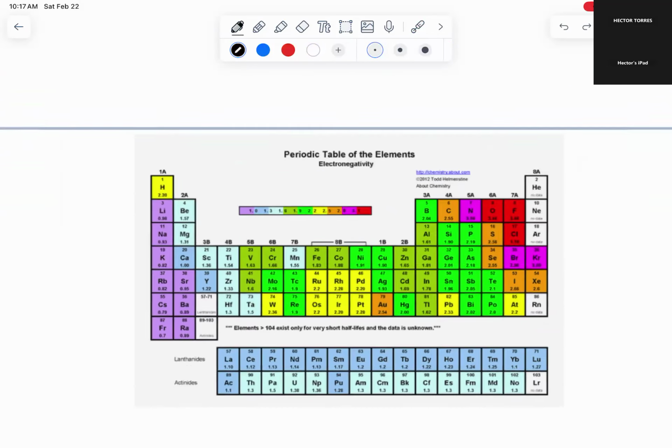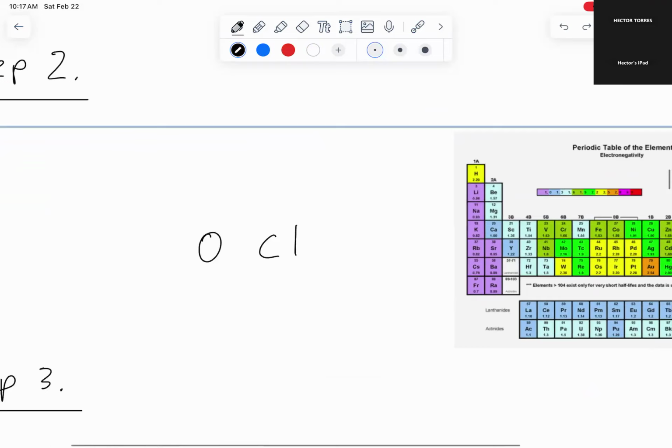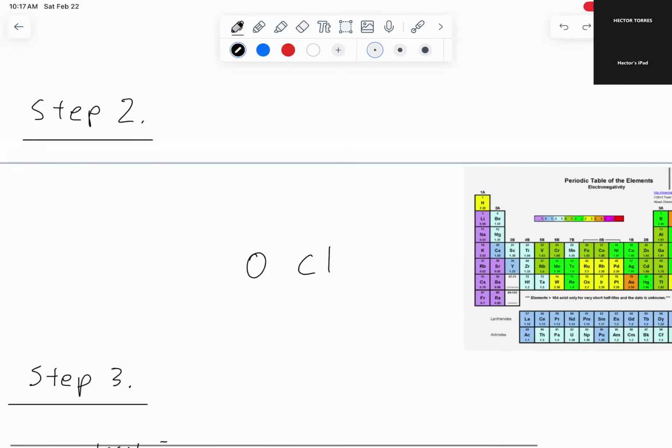There is a second trend that we need to think about, which is which atom can make more bonds. Cl only has 7 valence electrons, so it wants to gain 1. So it's typically not going to be in the middle because it can only make 1 bond. Whereas oxygen, since it has 6 valence electrons, wants to make 2 bonds. So it's more likely to be in the middle.